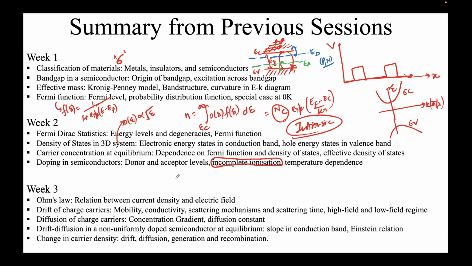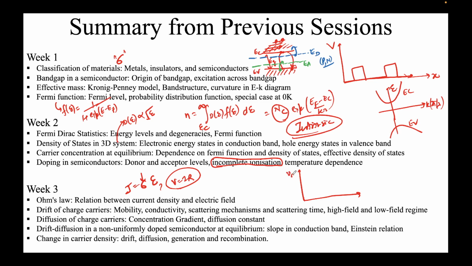Finally, we talked about Ohm's law. J equal to sigma E, where J is the current density and E is the electric field, and the traditional electrical counterpart which you have seen in your high school is V equal to IR. And this term sigma we denoted by this mu.